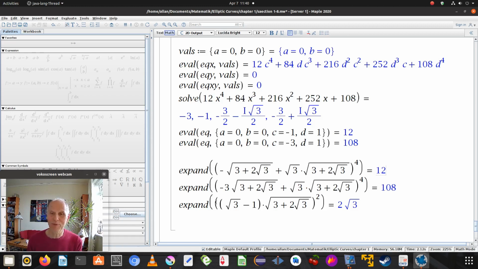And if we take the square of this guy, then we get 2 square root 3. How could that be? Actually, it's not so unusual a phenomenon, but it was really a revelation to me that it was possible.